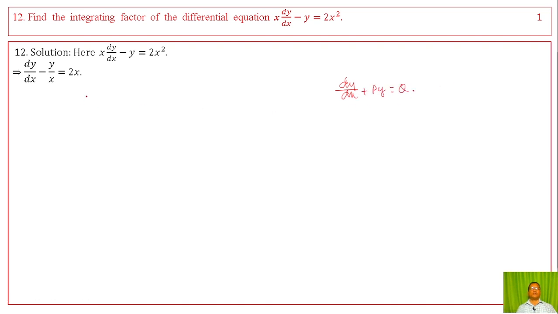Here p is minus 1 by x, the coefficient of y. So the integrating factor is e to the power integral of p dx. Here p is minus 1 by x. The integral of 1 by x is log x, which gives e to the power minus log x, equal to 1 by x. Therefore, the integrating factor is 1 by x.